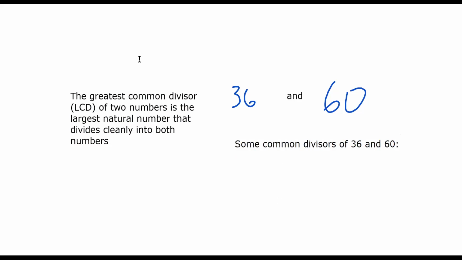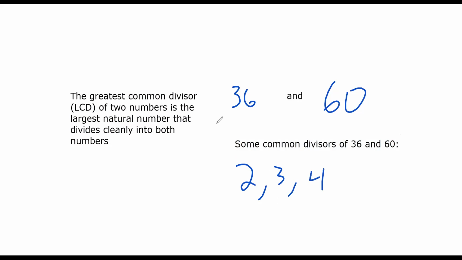Let's see, would you guys say the number 2? Does 2 divide cleanly into both 36 and 60? Yeah, I'd say so. They're both even numbers. Is it the largest? No. What about 3? So these are still common divisors. They're just maybe not the largest. Does 3 divide into 36 and 60? Sure does.